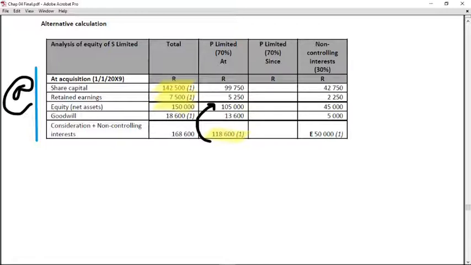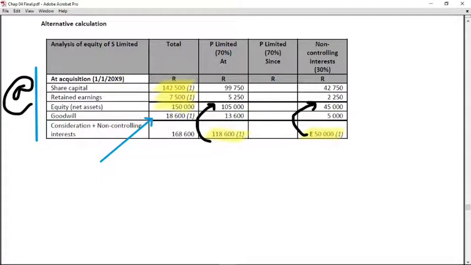The parent also decided to measure NCI at their fair value, and their fair value compared to their proportionate share led to more goodwill of 5,000 Rand. But as I've mentioned before, we only present one amount for goodwill in the consolidated SFP, and you've already seen the effect of that when we looked at that SFP.